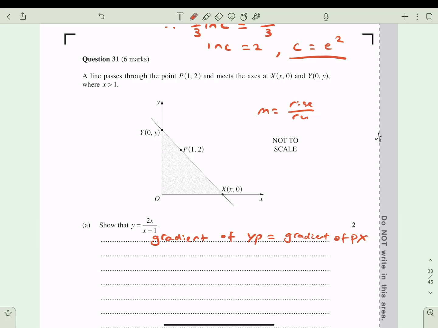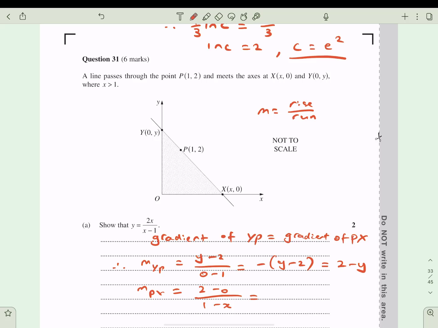So therefore, the gradient of yp is going to equal rise over run. That's going to equal negative y minus 2, which is equal to 2 minus y. Now the gradient of px is equal to rise over run as well. So that's equal to 2 over 1 minus x.